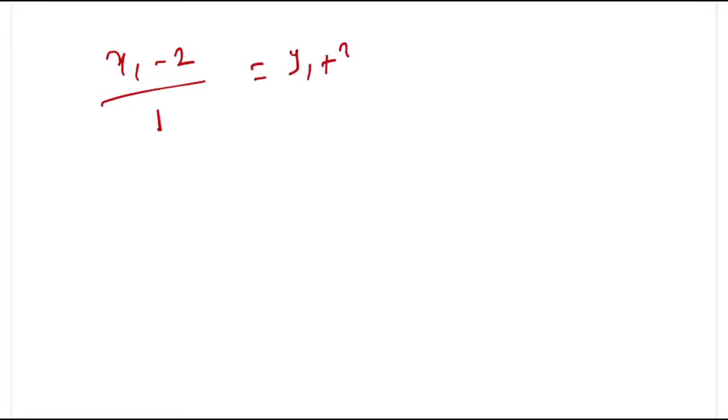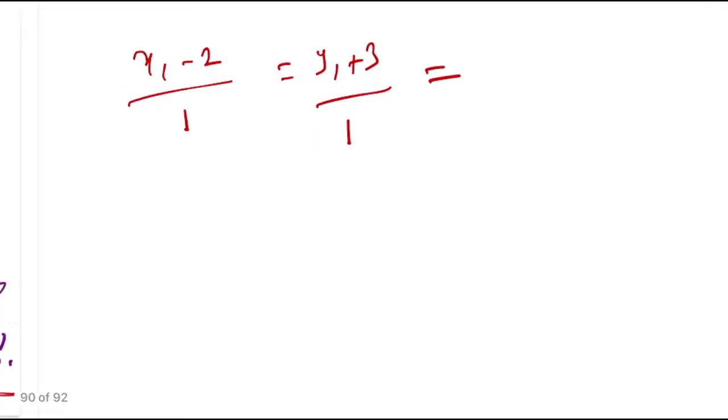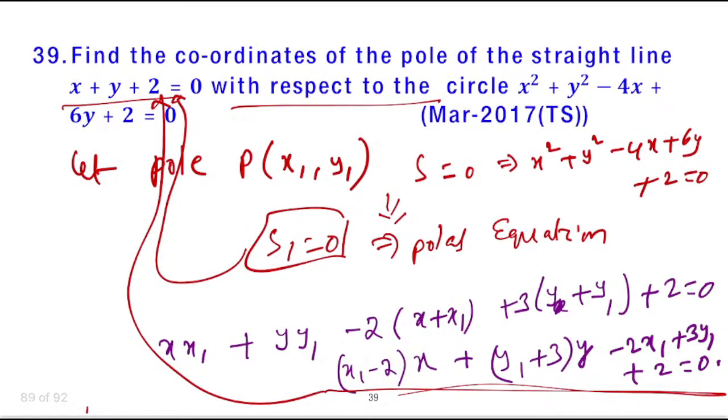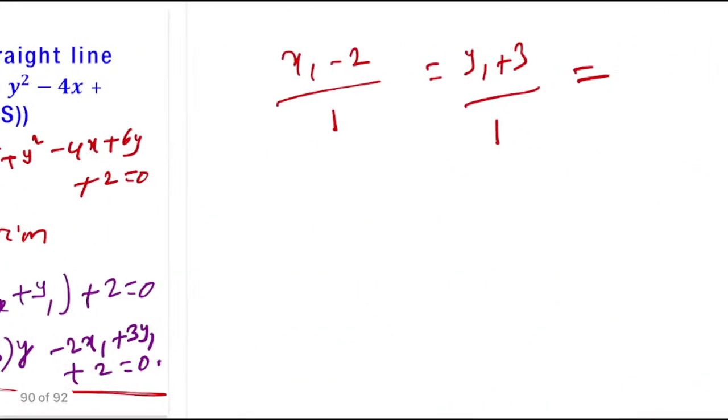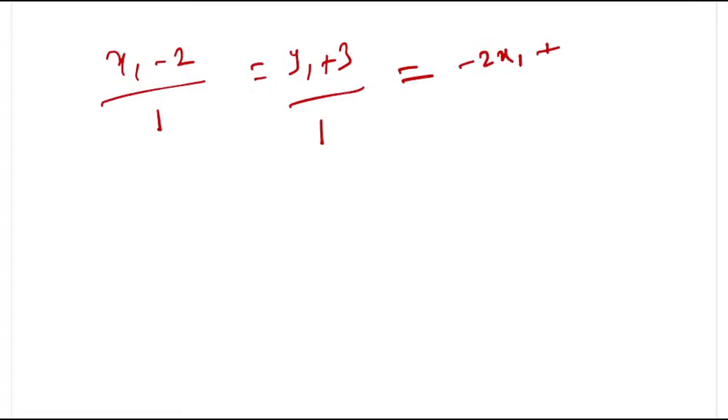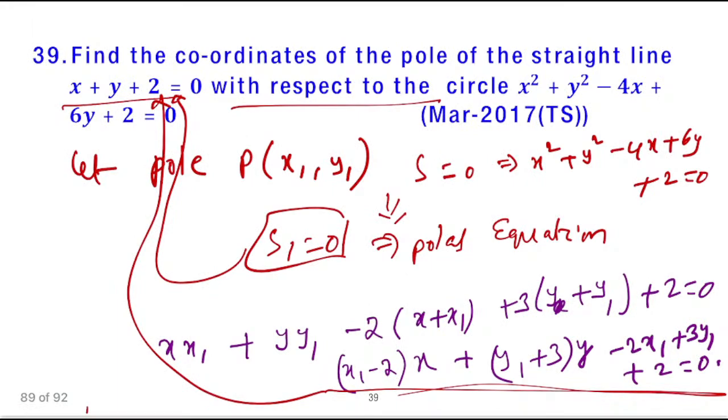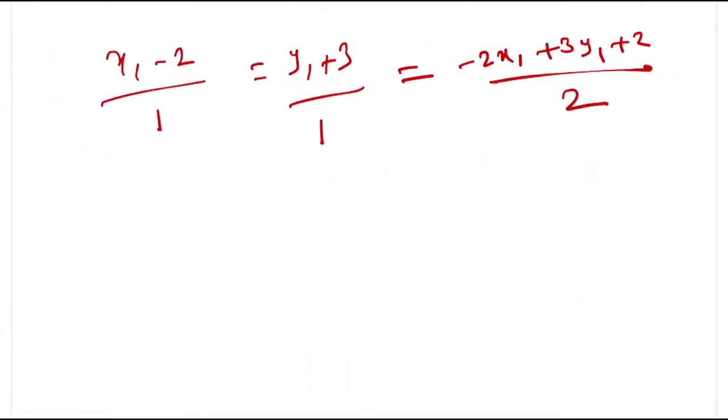Compare. That's it. How to compare? The x1 minus 2 by 1 coefficients, y1 plus 3 by 1 is equal. Constant is how much left? Minus 2x1 plus 3y1 plus 2 by 2 units. So solve for x1 comma y1. That's your pole. You will get some number. Just check it.